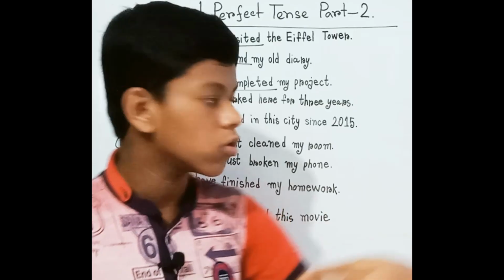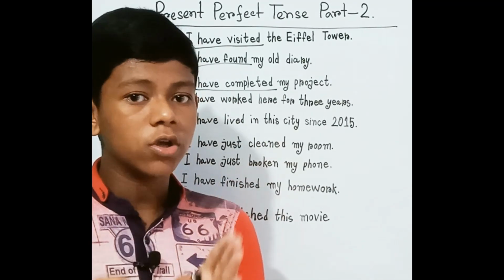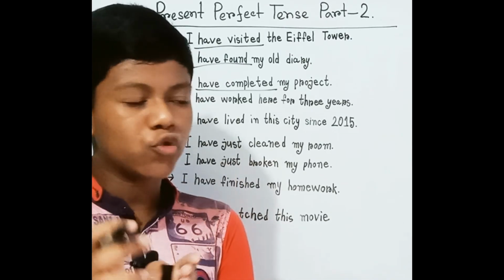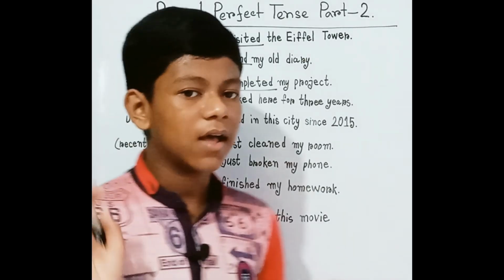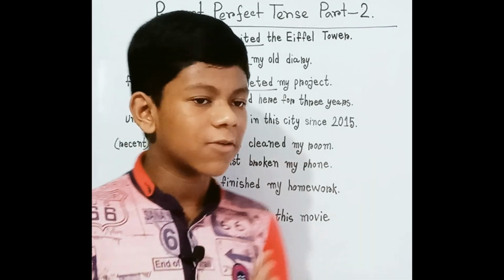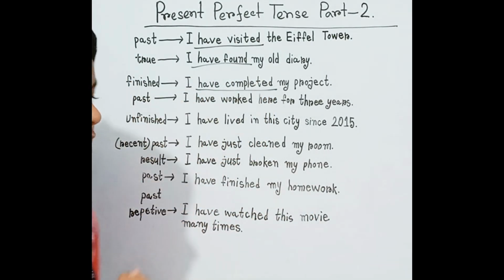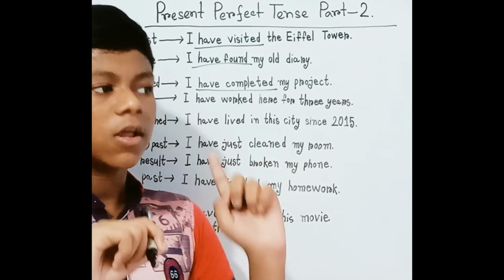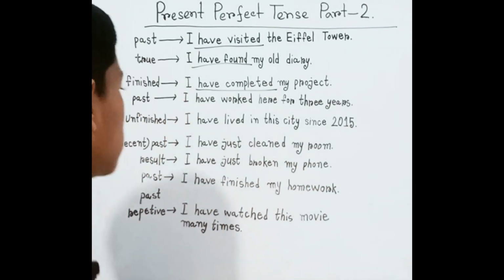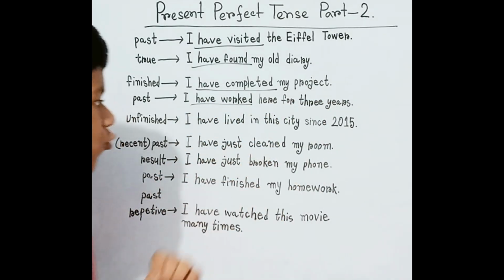Okay, so your doing of the work started in the past, before now, and it still continues. So the result still exists. That's why we can use it with the past. I have worked here for 3 years indicates that you worked at that time, and you are still working. But we can say this by using the present perfect. I have worked here for 3 years.